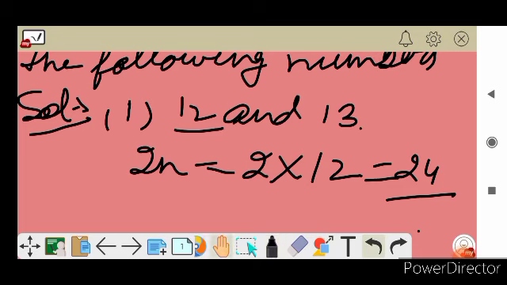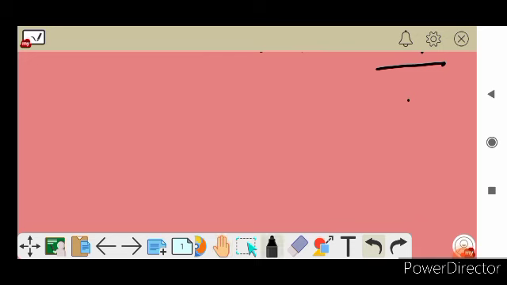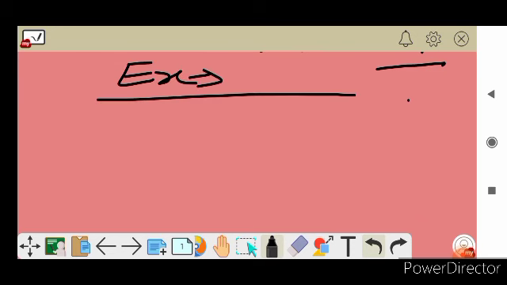In exercise 6.2, question number first is: find the square of the following numbers with the identity of (a plus b) whole square, not the simple method, meaning 32 multiplied by the same number 32.